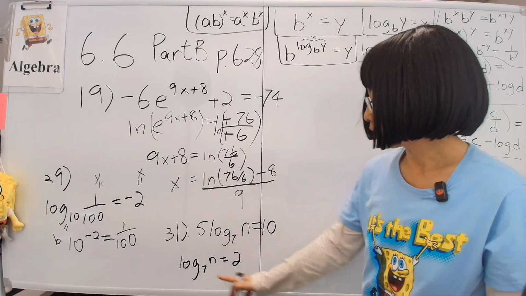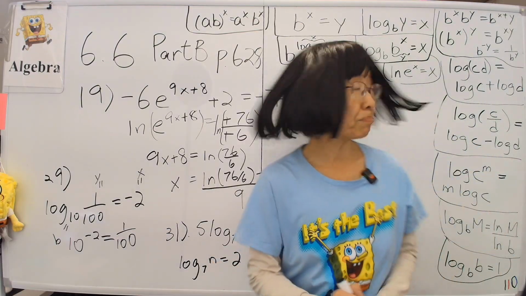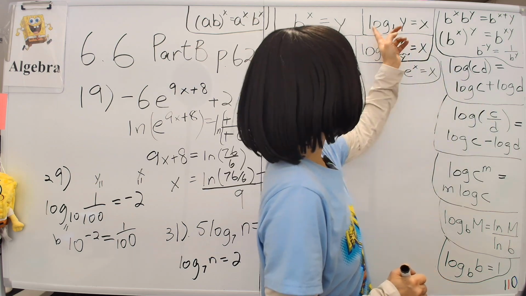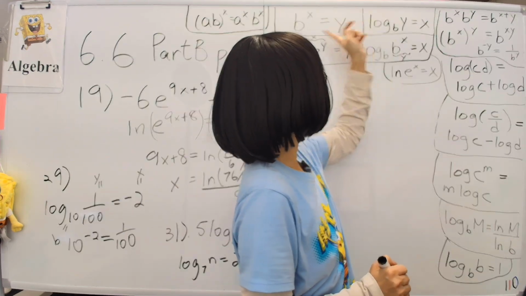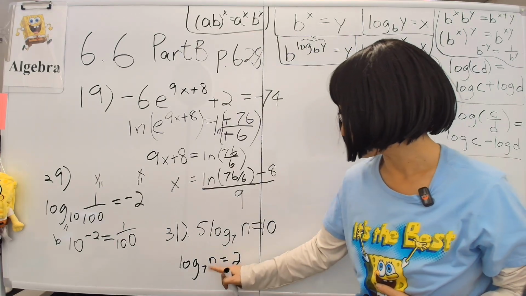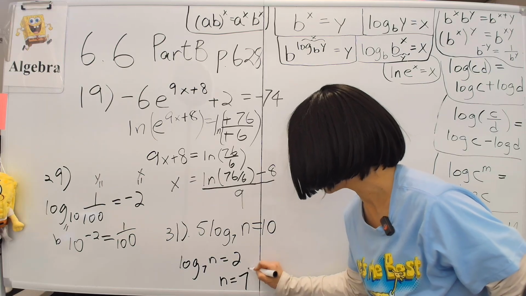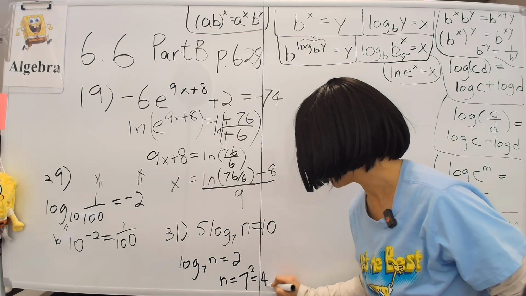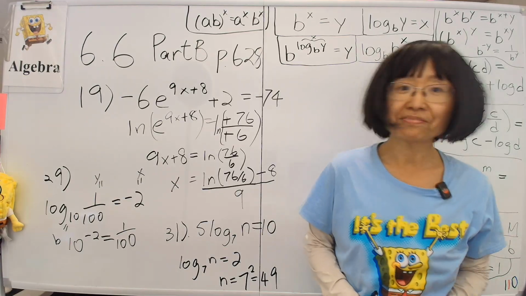Next we're going to solve for n by the definition of log. Log base b of y equal to x means b to the power x equal to y. In other words, 7 to the power 2 equals n. So n equals 7 to the power 2. In other words, n is 49, and that should be our answer for problem 31. Yep, that is correct.